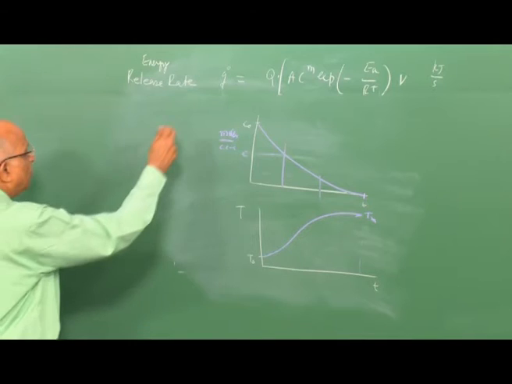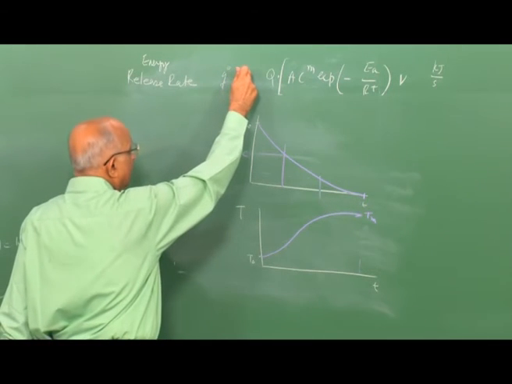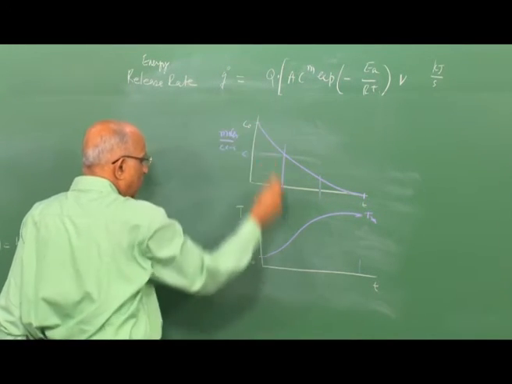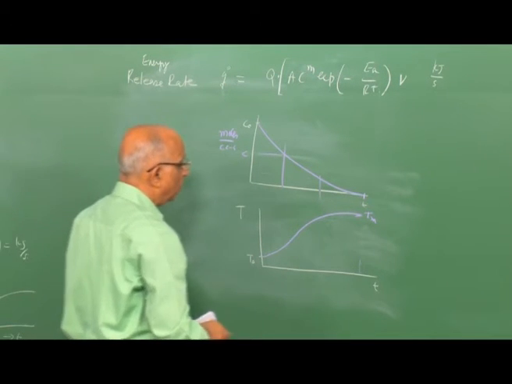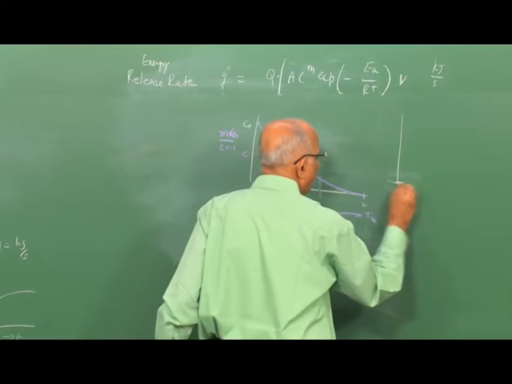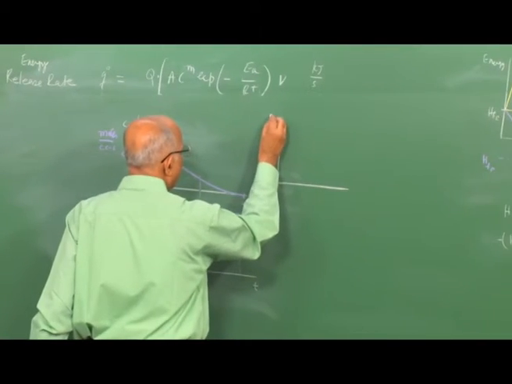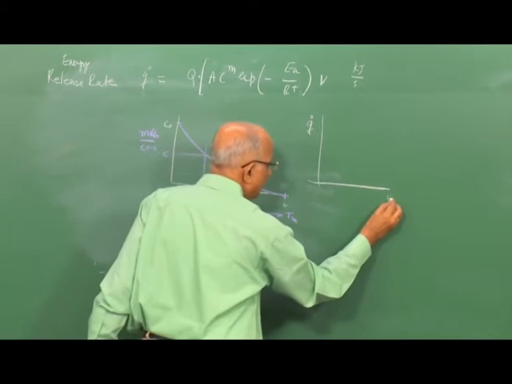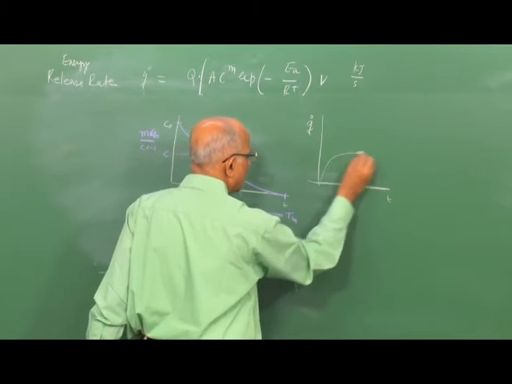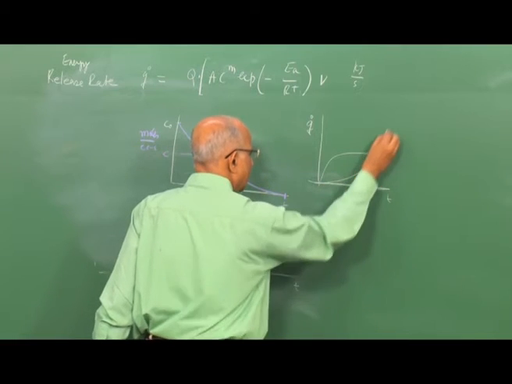Therefore, for this particular reaction, can I say what must be the shape of the curve? That means, I am interested in finding out how q dot, that is the rate of energy release, should change with respect to time. Is it going to be something like this?